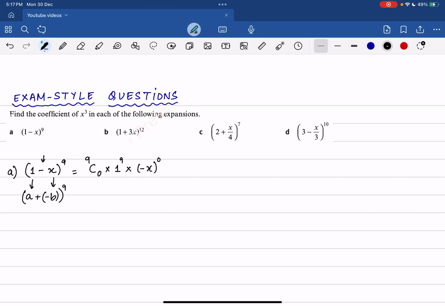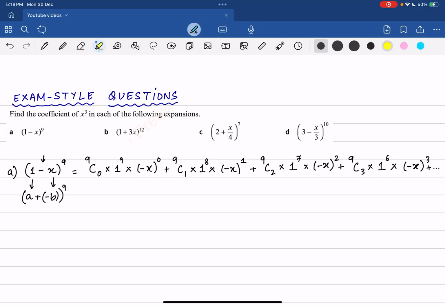Plus 9c1 times 1 raised to 8 times minus x raised to 1, plus 9c2 times 1 raised to 7 times minus x raised to 2, plus 9c3 times 1 raised to 6 times minus x raised to 3, and so on.